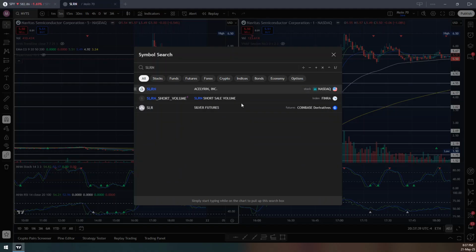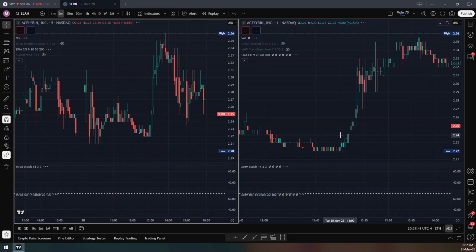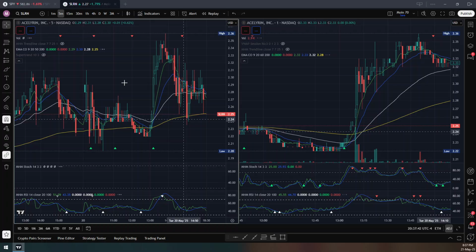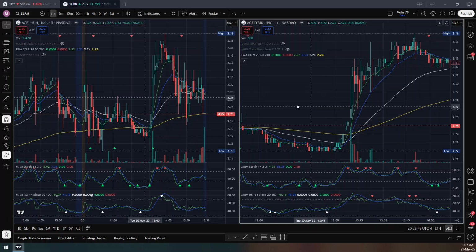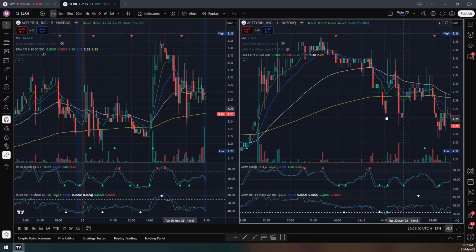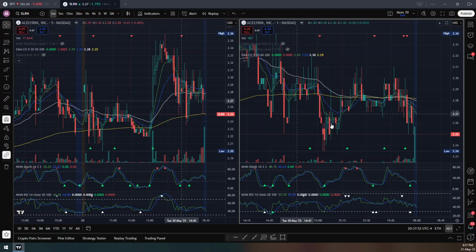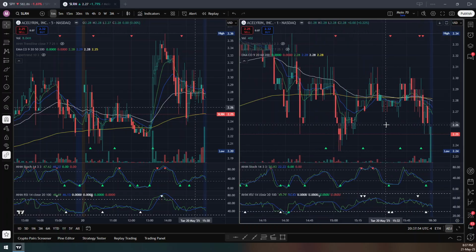Look at this one. What would you make of this chart? Would you trade it? That's choppy as hell. Definitely not. I wouldn't even take options on it if it was a mega cap.